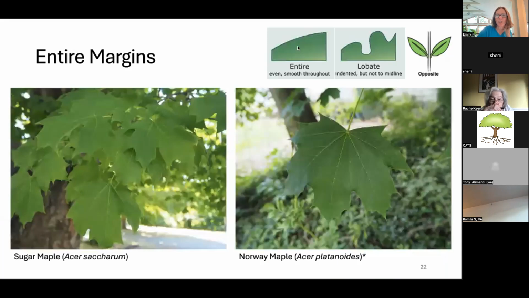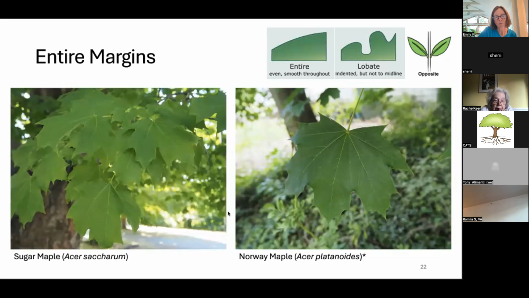So here are entire margins that are lobate and are opposite. In this instance, we're going to have the sugar maples, and we also have the Norway maple. And both of these trees can look very similar. I find that the sinuses on the sugar maple are very deep, so this middle lobe is longer than I find on the Norway maple.